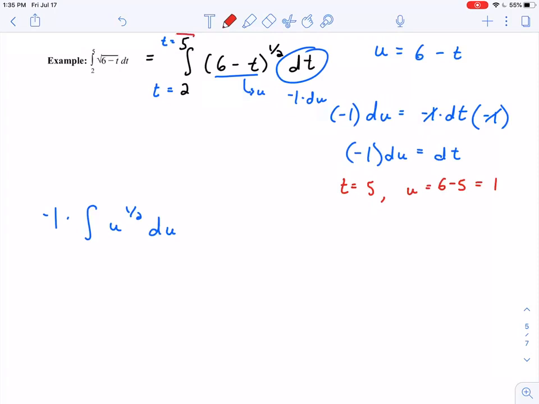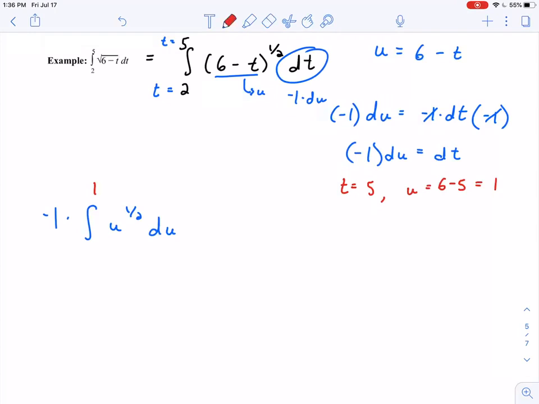Look at where 5 was. 5 was my upper limit of integration, which means that 1 is my new upper limit of integration in terms of u. This is really u equals 1. You don't need to write u equals 1, but I want you to understand that I've translated that upper limit of integration to be in terms of u.